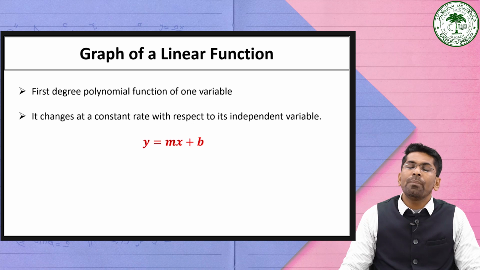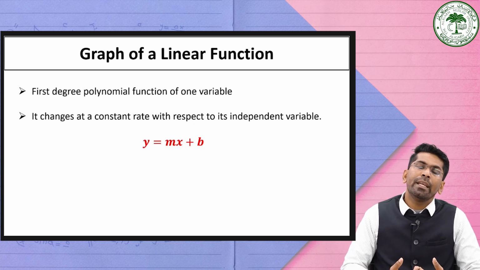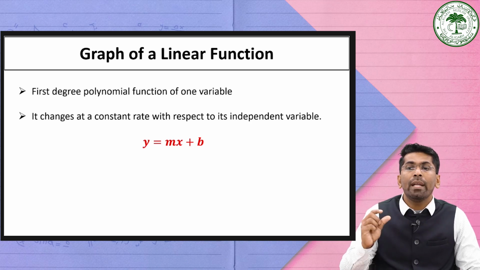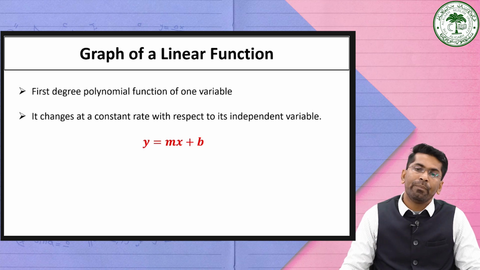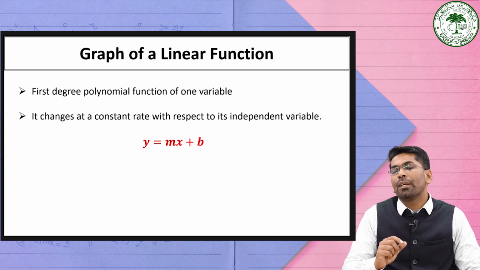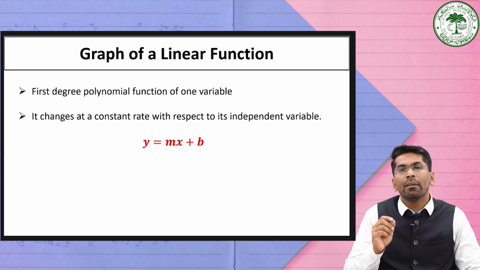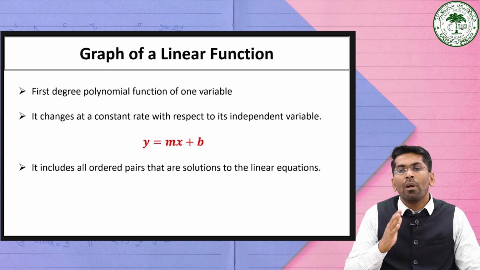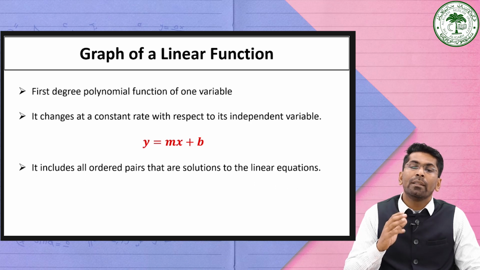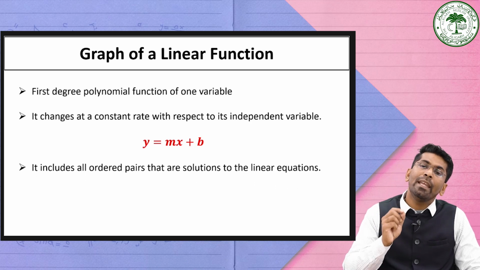As we discussed in the previous lecture, the graph of an equation is a drawing that represents all ordered pairs that are the solution of an equation. Similarly, the graph of a linear function is a drawing representing all ordered pairs that are the solution to the linear function.